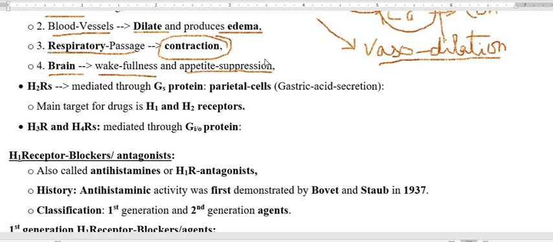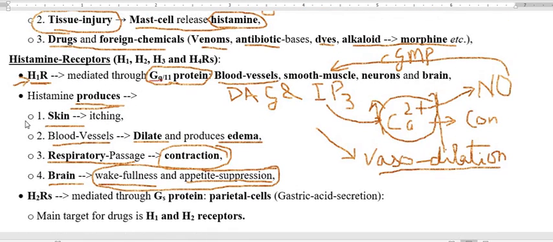So when we use antihistaminics, they are going to inhibit these actions. Now, this is all about the physiopathological or physiological functions of the H1 receptor mediated through GPCR, particularly the Gq protein.